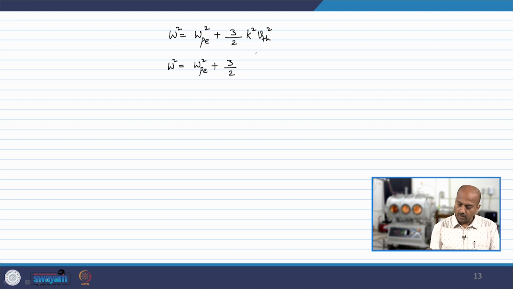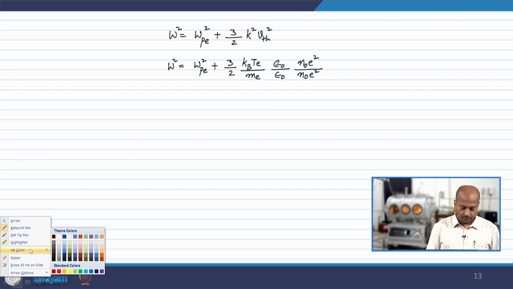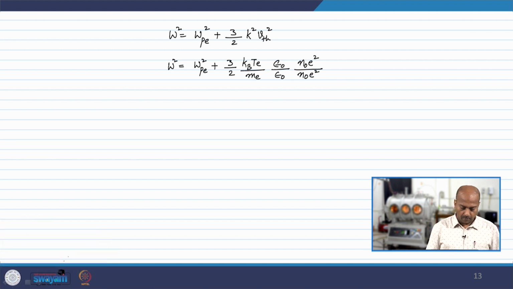So, 3 by 2 k B T e by m e times epsilon naught divided by epsilon naught times n naught e square by n naught e square. So, this one, k B T e, is a measure of the Debye length.